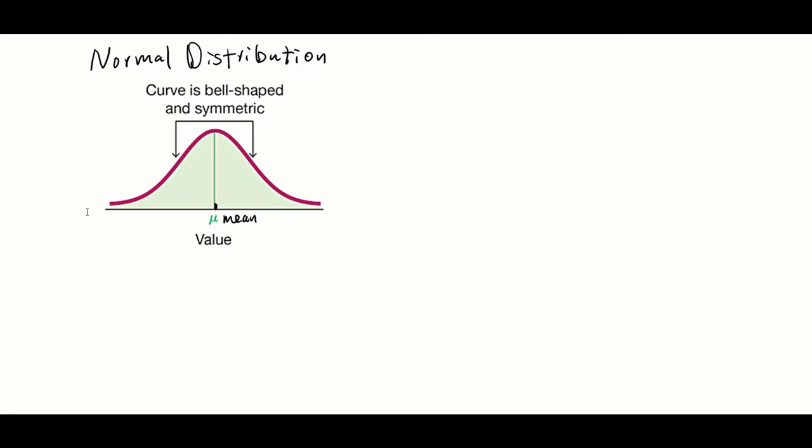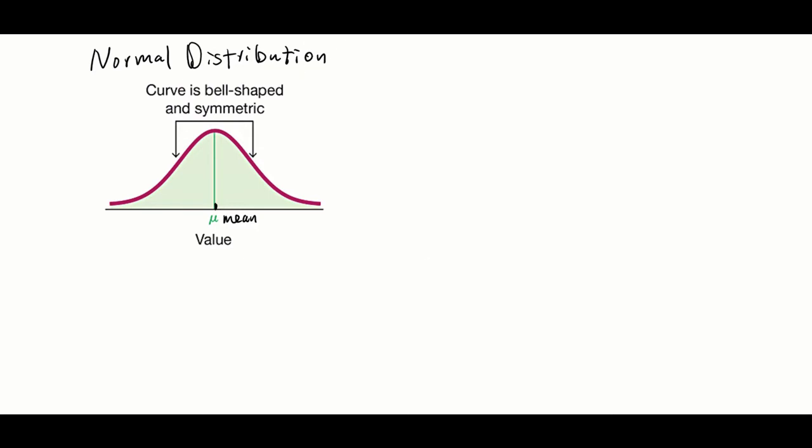It starts low, is high around the mean, and goes back to low again at higher values. This kind of shape is called bell-shaped, or a normal distribution.